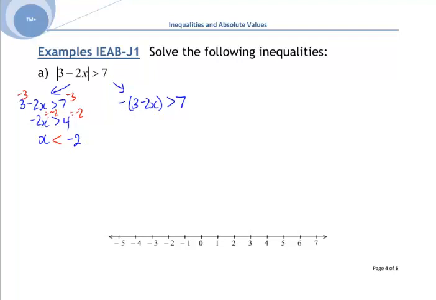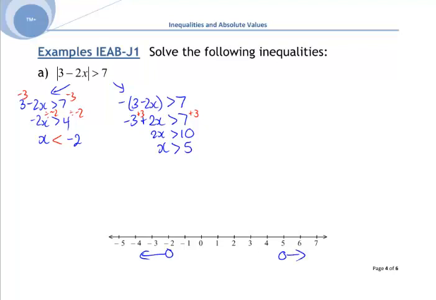Get rid of the negative, so negative times 3 is negative 3, negative times a negative 2x is plus 2x, is greater than 7. Isolate the unknown, so now I've got 2x is greater than 10. Divide both sides by 2, and I end up with x is greater than 5. Underneath, I've got x is less than negative 2, x is greater than 5.